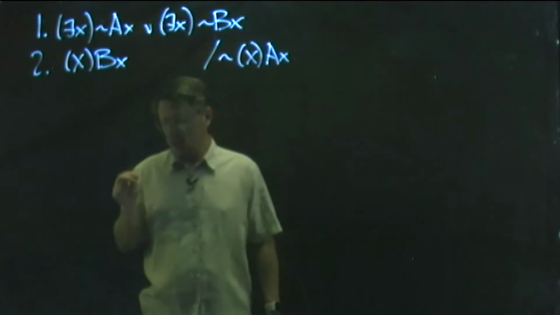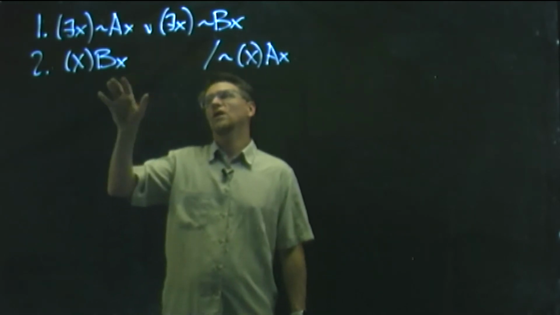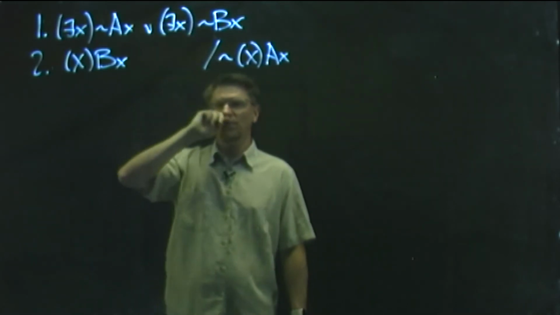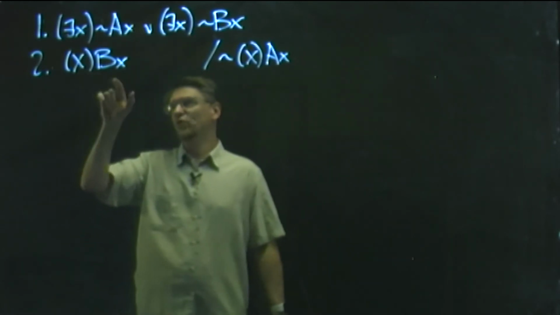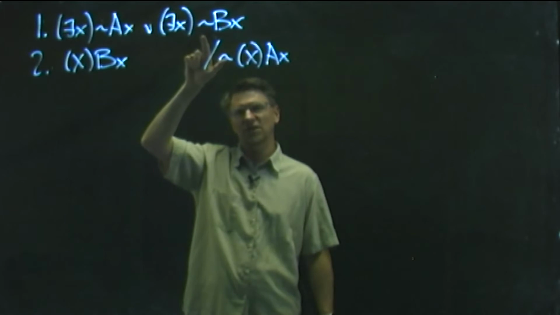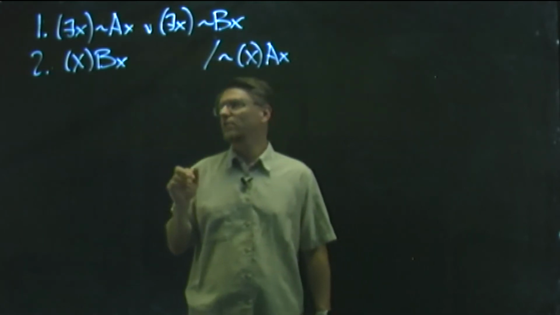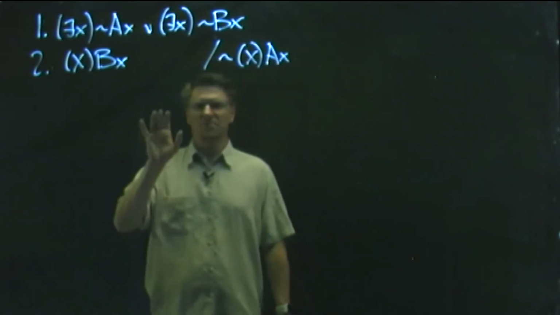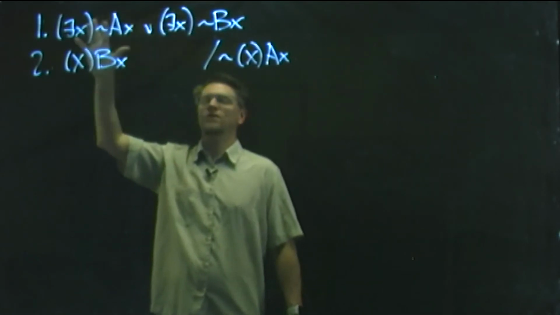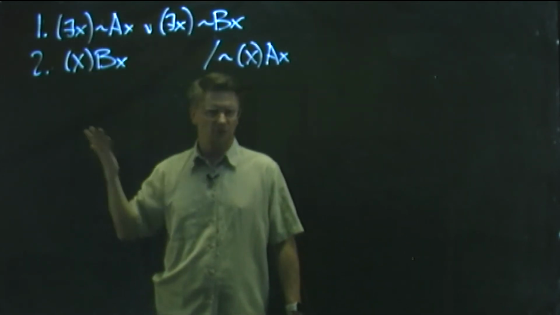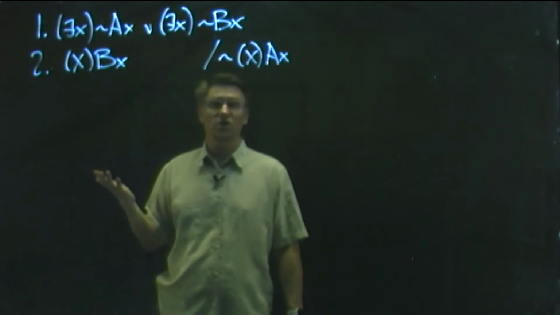Now, disjunctive syllogism will work if we have the negation of one of our 2 disjuncts here. And so we have for all x Bx, and here's the Bx here. So one thing we can remember is that disjunctive syllogism has p wedge q, and then you need to have tilde p. So in other words, this would have to be on the other side to be able to start working toward a disjunctive syllogism.